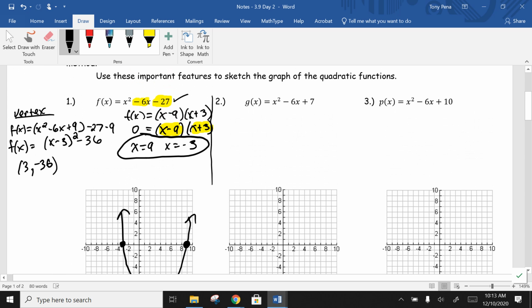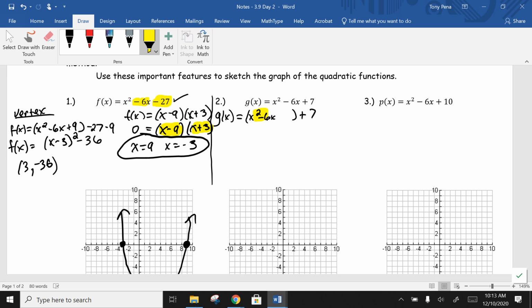Okay, next one. Let's go ahead, put this into vertex form. So again, you're going to get x squared minus 6x, and then plus a 7. Notice this is the one that we just did, right? X squared minus a 6x we just did over here. So we should know to make that a perfect square, you're going to need to add 9. And on the back end, you're going to have to subtract 9.